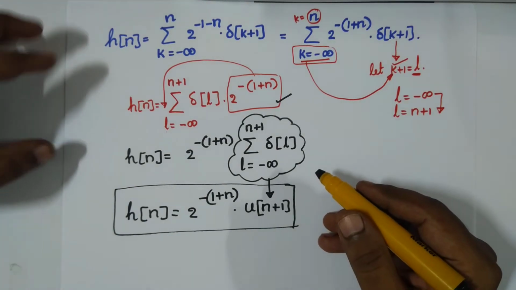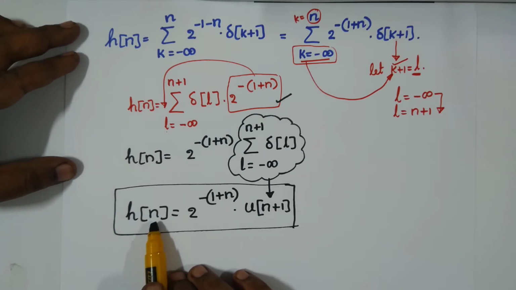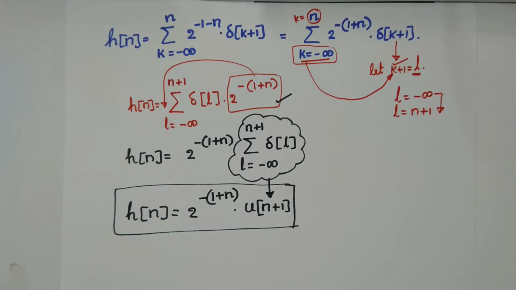See, if you observe carefully, the present output at this instant n depends upon a future quantity, so it is non-causal. Otherwise, in the literature, you check it this way.